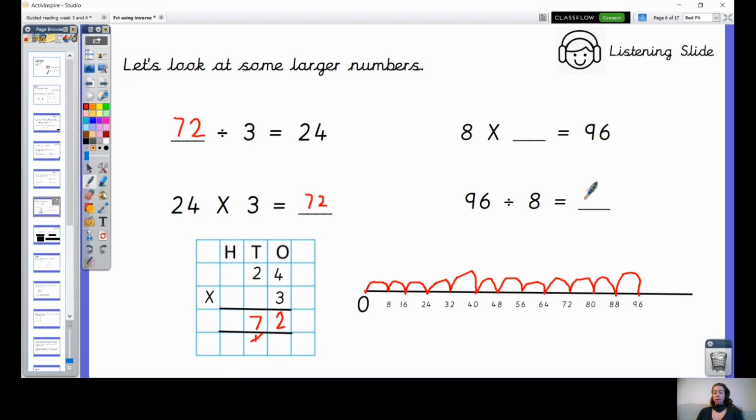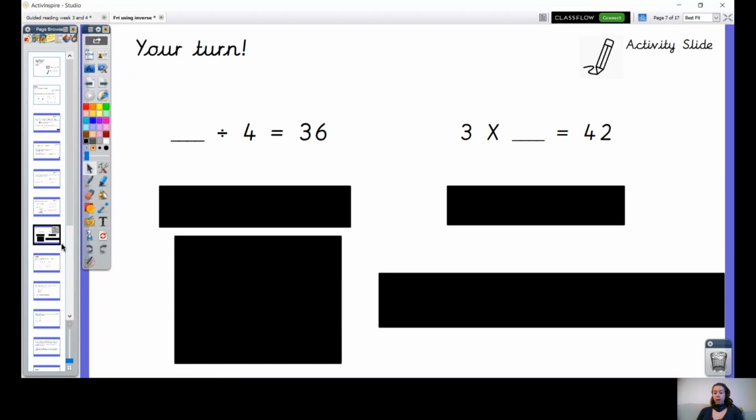That means that my missing number is 12. And my missing number then up here is 12. 8 times 12 is 96. Now, when it's your turn in a moment, if you get a bit stuck on remembering how to solve these problems, you could wind the video back to this point and use this screen to help you. That would be fine. Let's have a go.